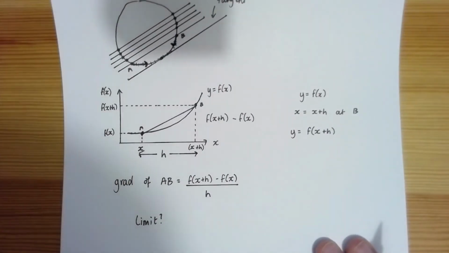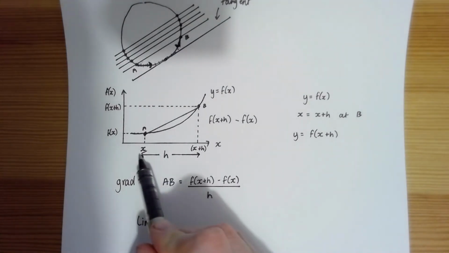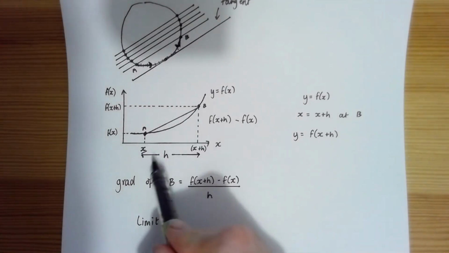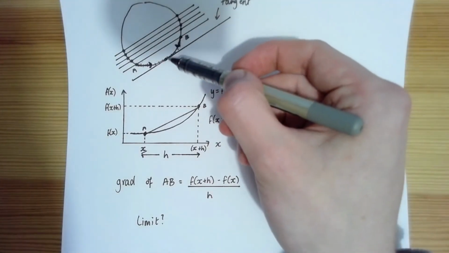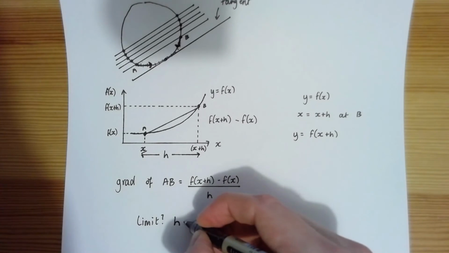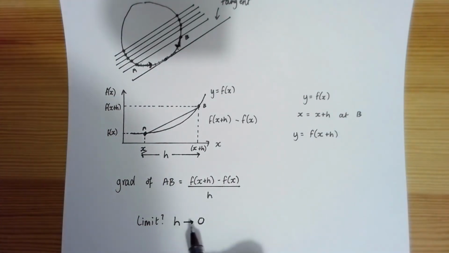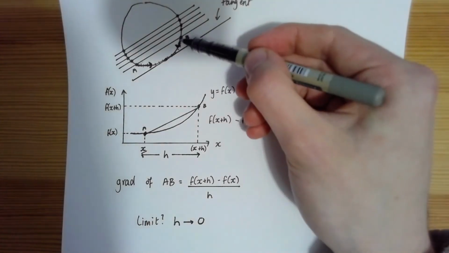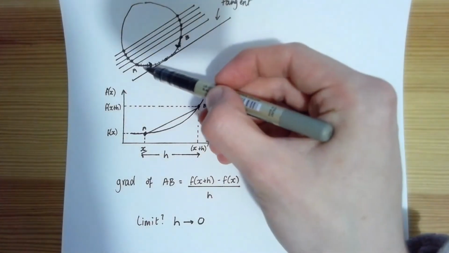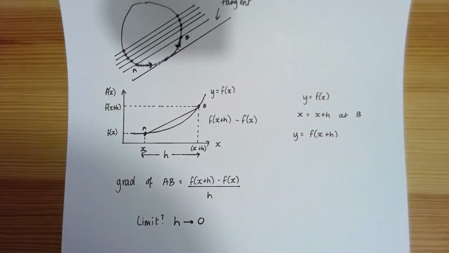Well, we said h can never equal 0 because we never want the gap between point A and point B to be 0, because then we would have no chord. So h approaches 0, and that's our limit that we create. It can never equal 0, but our A and B values get so close together that h is approaching 0 but never actually reaches it.